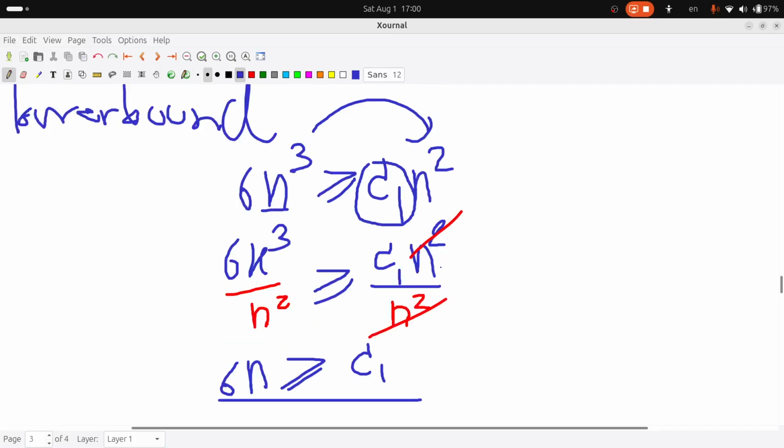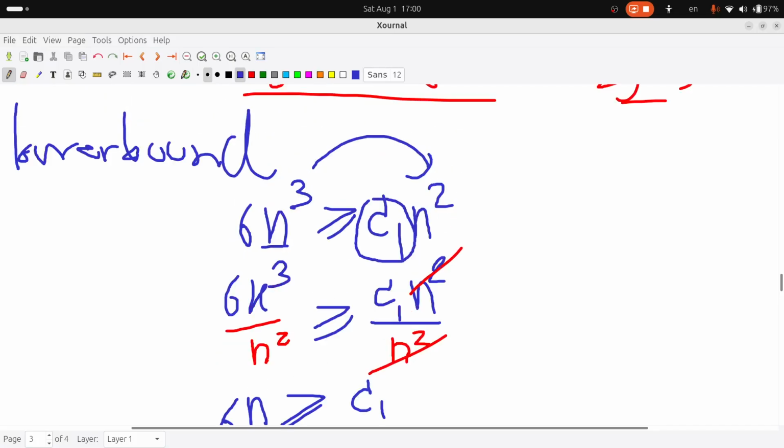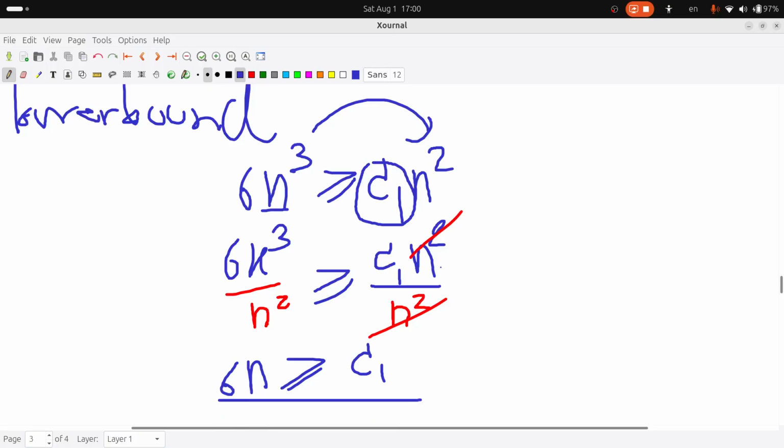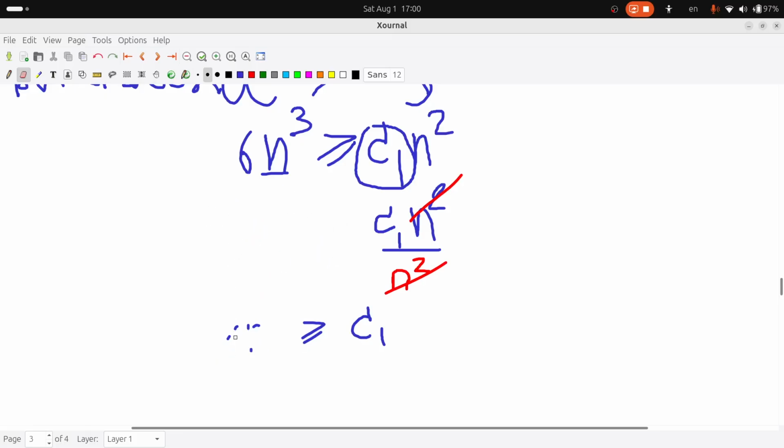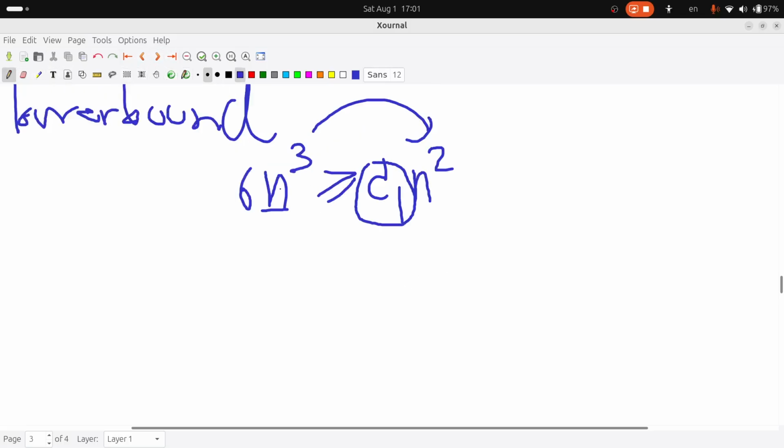Actually, for this one we can just write like this. We know that n power of 3 is much larger than n square because the powers are 3 and 2.